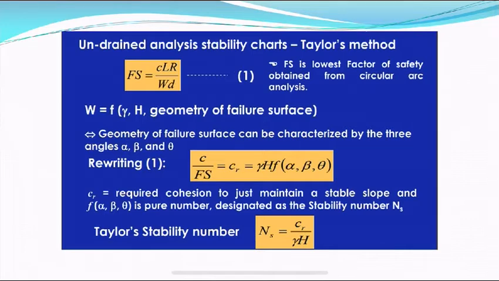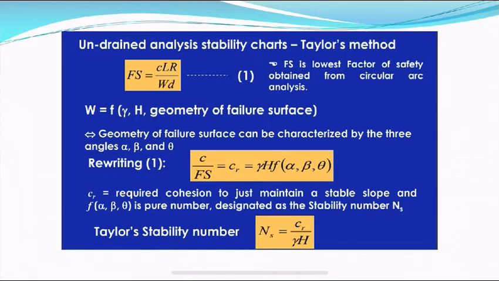Otherwise it can also be written as C by factor of safety into gamma H. So for factor of safety equal to 1, N suffix S is equal to C by gamma H. The required cohesion C R is the cohesion required to just maintain a stable slope.